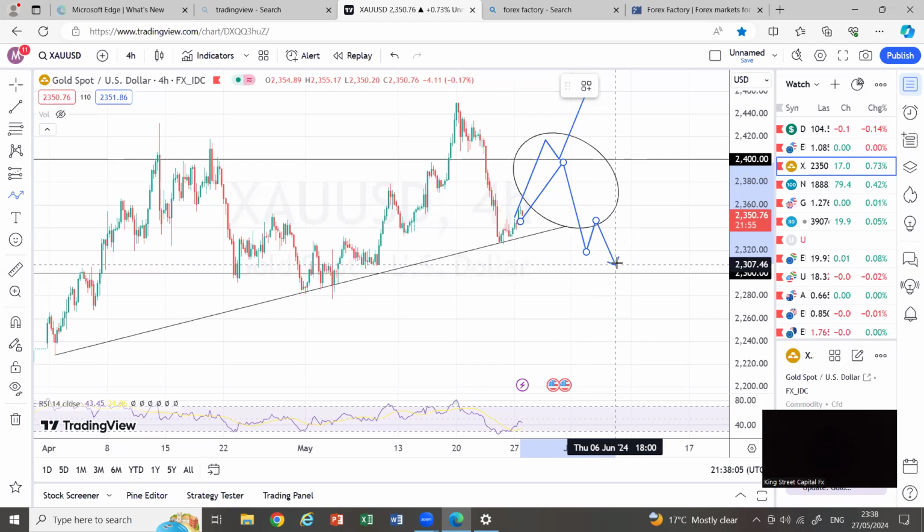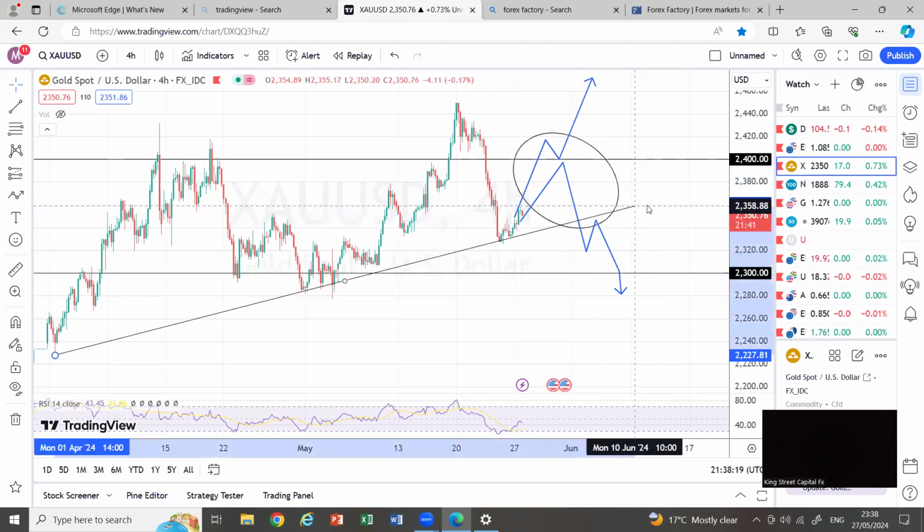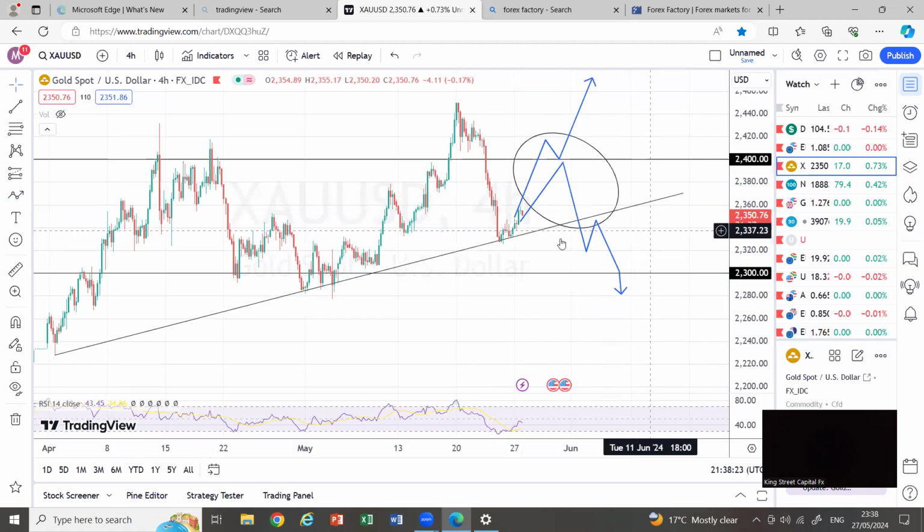The first area of interest would be 2,300, and it might go towards 2,280 or down towards 2,380, which is to extend this trend line. We'll see these two areas.